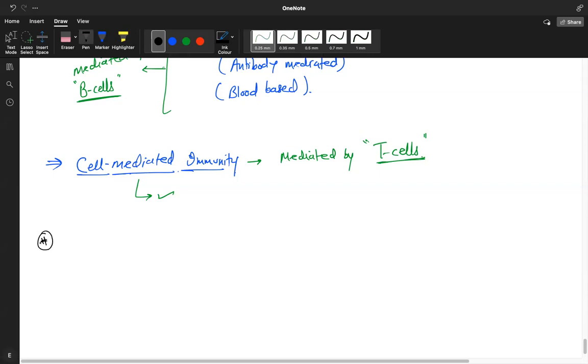Anyone would like to think or guess what it is? Sir, active immunity means the immunity we make by ourselves against some particular pathogens, whereas passive immunity is something that is given to us. Given to us by whom?